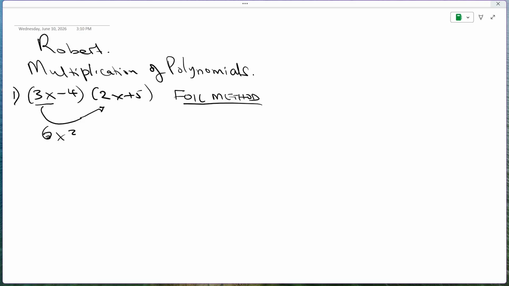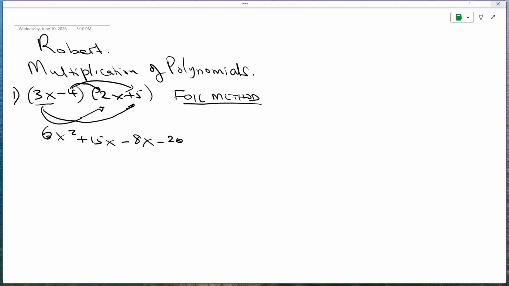squared. And then we have to multiply 3x by 5, which will give us plus 15x. And then we have to multiply minus 4 by 2x, which will give us minus 8x. And we have to multiply minus 4 by 5, which will give us minus 20.